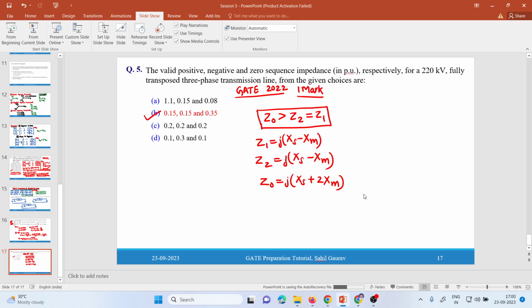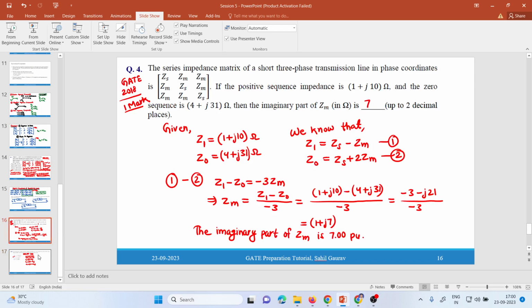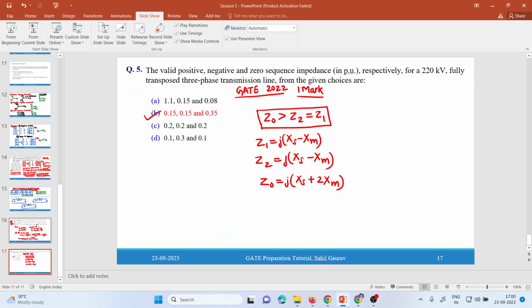That is for unsymmetrical fault analysis. Yes, sir, those numericals are frequently asked in state PSU, sir. That's why I'm asking. Okay, what is the problem?